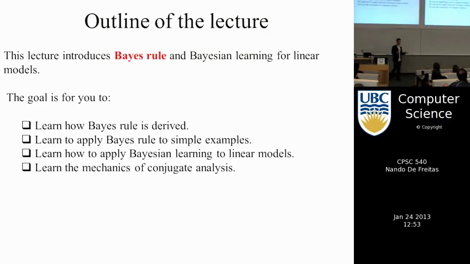So instead of doing maximum likelihood, we're going to do this completely different technique called Bayesian learning. And the trick we use, which is that we exploit the fact that we know this integral, is part of a general procedure for deriving Bayesian estimators known as conjugate analysis. So I'm going to go over that too.